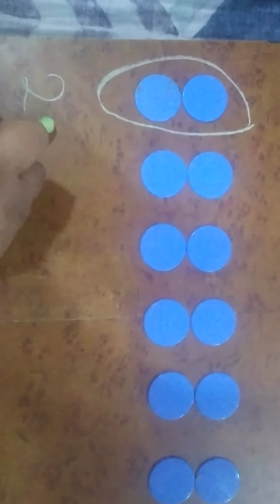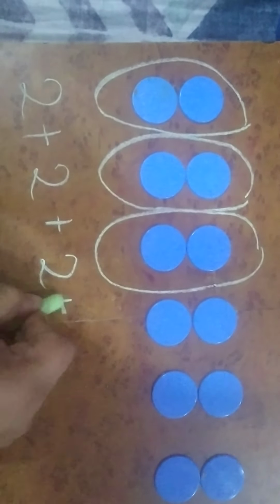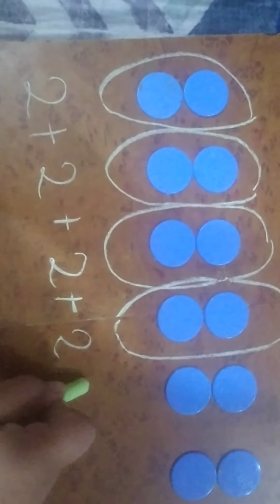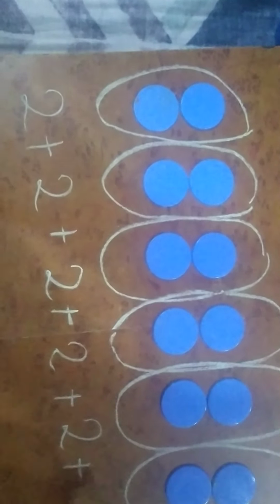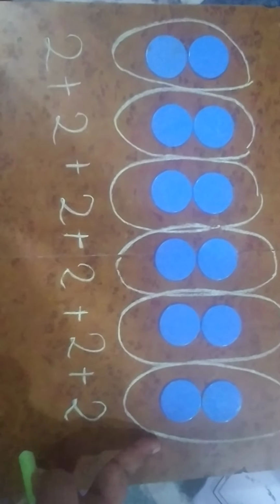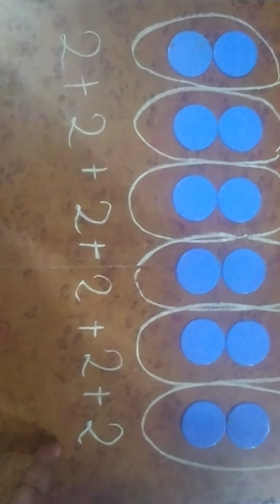1 times 2, 2 times 2, 3 times 2, 4 times 2, 5 times 2 and 6 times 2. So we have 6 times 2. Your child will first be representing this, then making the groups and writing the repeated addition statement.